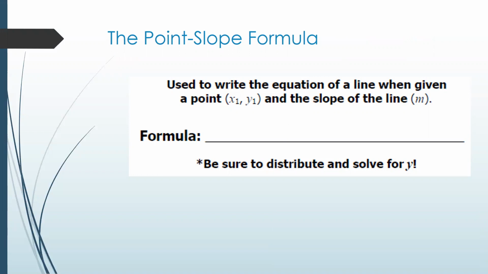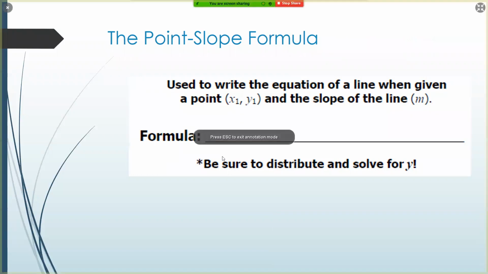So the formula, sorry, my iPad's being slow. y minus y1 equals m, which is your slope, and then in parentheses, x minus x1.